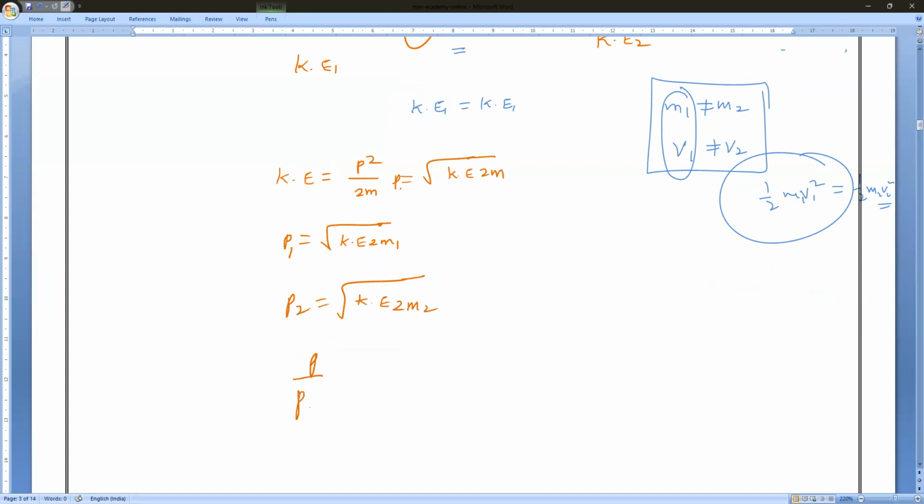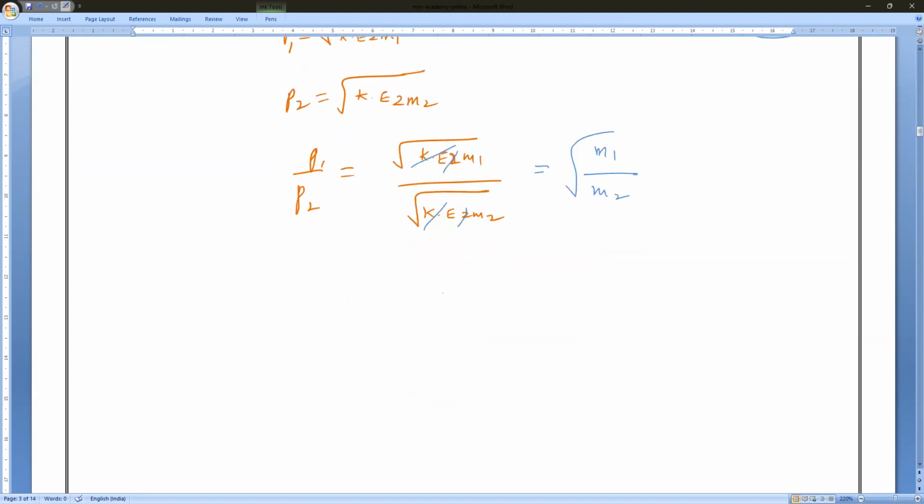They are asking for P1 by P2, so P1 by P2 equals root over K 2m1 divided by root over K 2m2. The kinetic energy cancels, root 2 cancels, so only root m1 divided by m2 remains. So the momentum ratio P1 is to P2 equals root m1 is to root m2. I hope you all understand. If you have any doubt, you can ask.